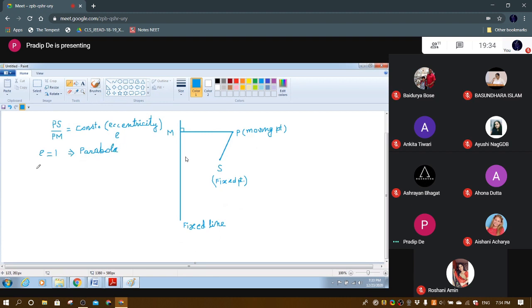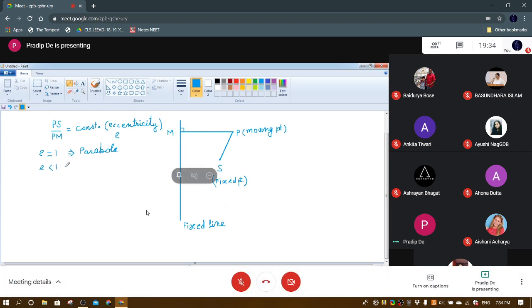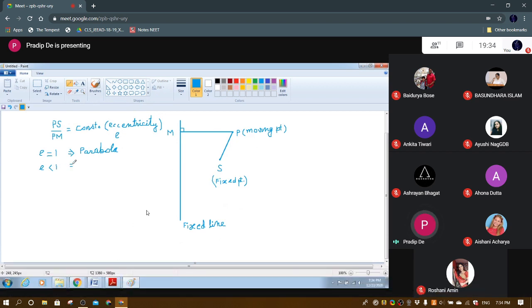If e is less than 1, then the locus of P is an ellipse.